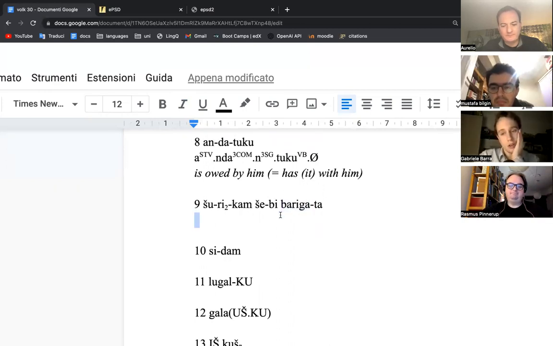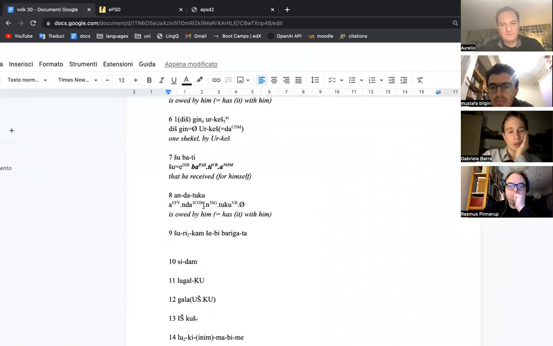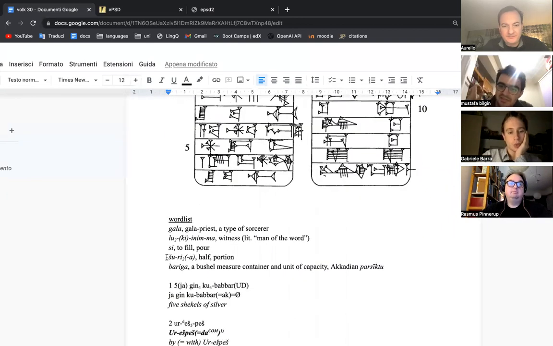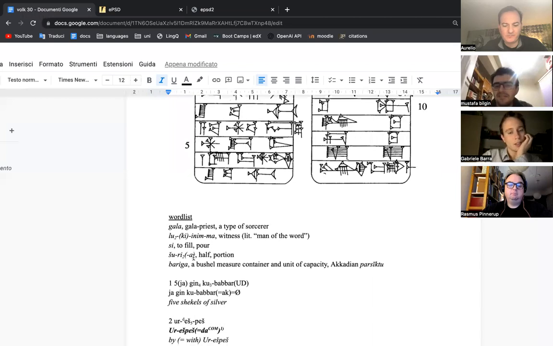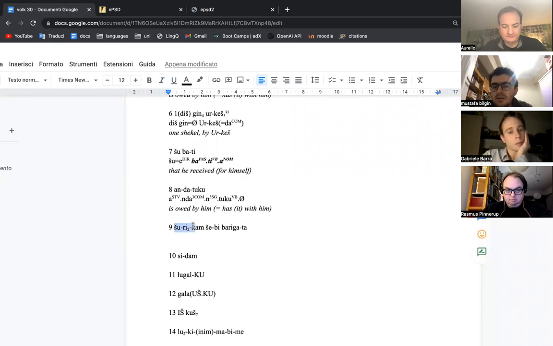All right, so moving on, line number 9. So I think I included the vocabulary in the word lists. Okay. So shuri or shuria. Okay. Yes. So like a fraction or a portion or just halves.